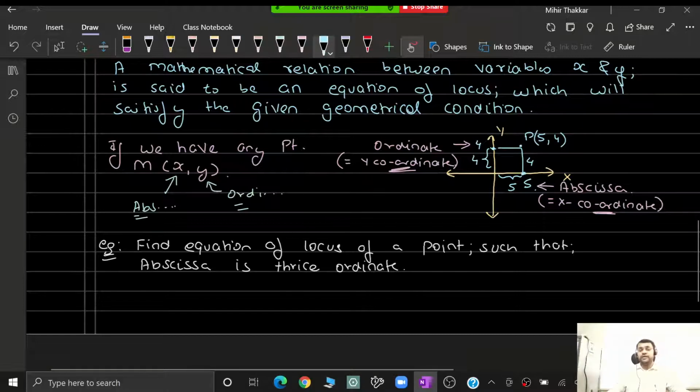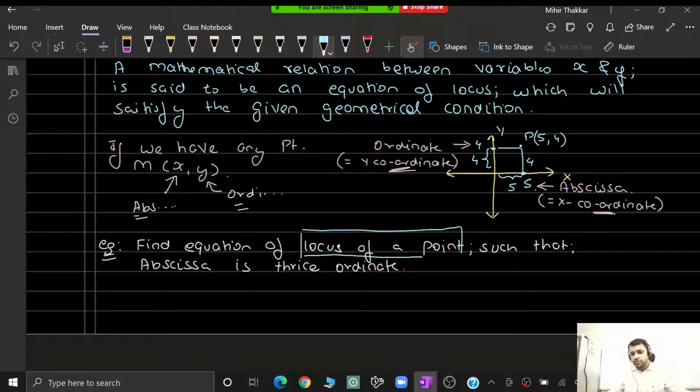Whenever you have to find out the equation of a locus, the first thing that you have to do is, the question is asking you locus of a point. We don't know what is the point.